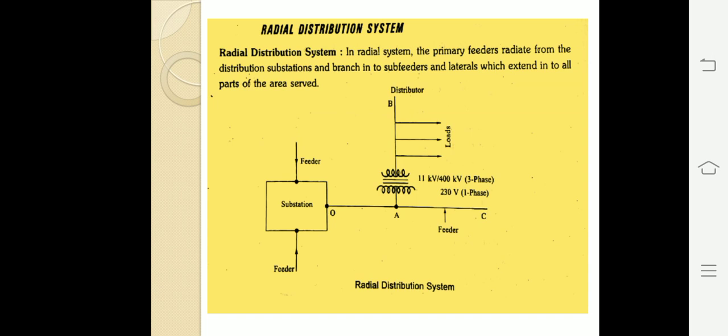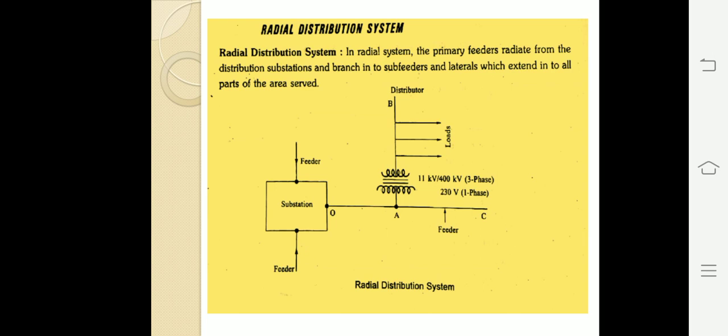So the first one is radial distribution system. Here I wrote something. This is the schematic diagram of radial distribution system. One substation is there, feeders are there, and distributors are there. From the distributor we are tapping the loads. In a radial distribution system, the primary feeders radiate from the distribution substation and branch into sub feeders and laterals, which extend into all parts of the area served.